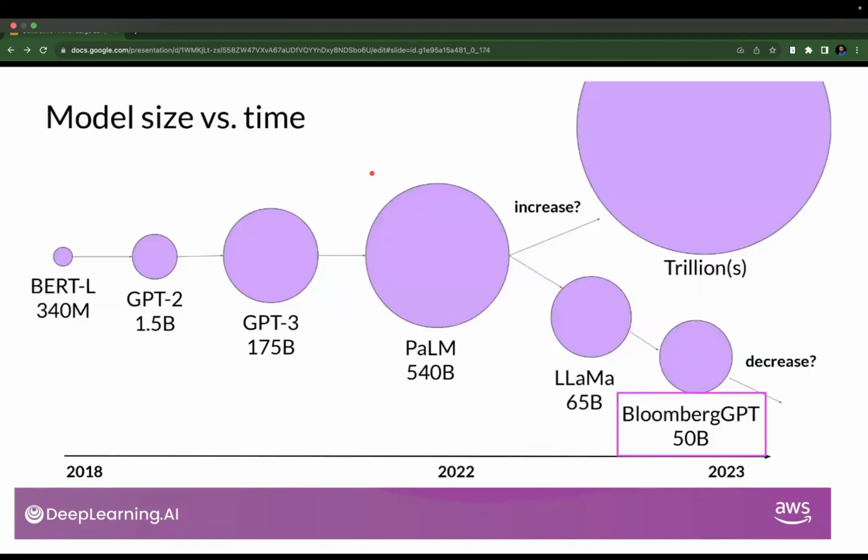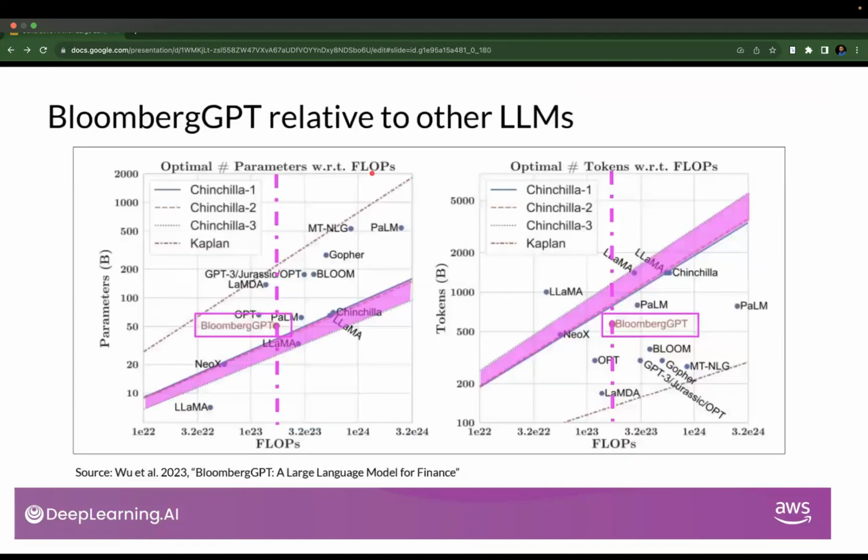One example of such a model is Bloomberg GPT, which has been trained about half on general text and about half on financial text. And Bloomberg GPT follows this Chinchilla recommendation. The number of parameters it has is close to what Chinchilla recommends based on their compute budget.